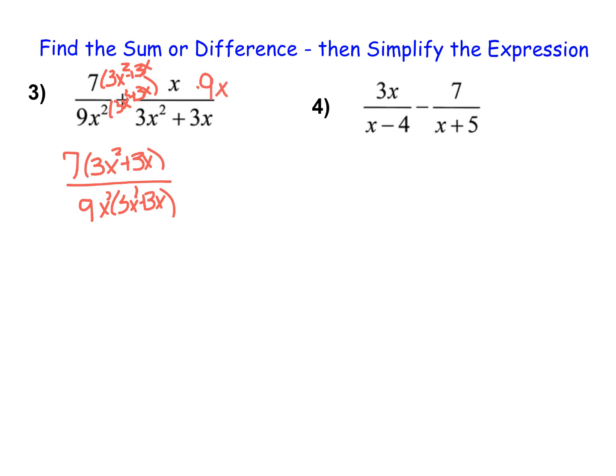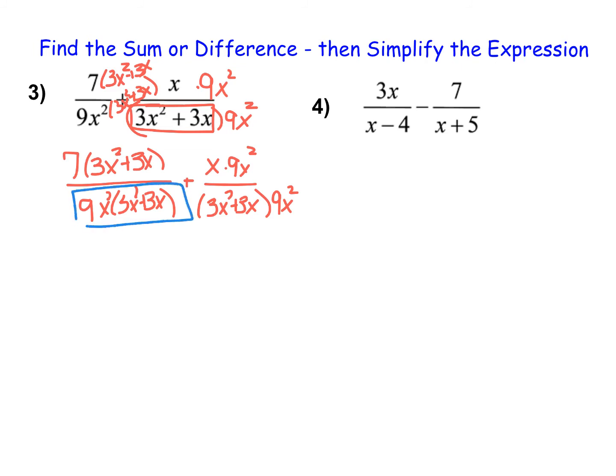So I'm going to multiply this whole thing, in parentheses, by 9x squared. So we end up with plus x times 9x squared, and then we have 3x squared plus 3x times 9x squared. So we'll notice that our denominators are now the same thing.